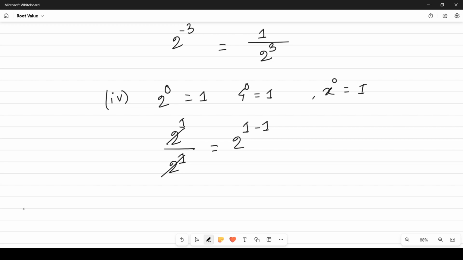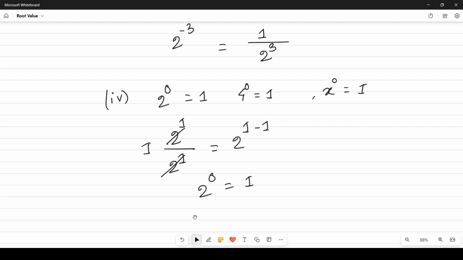We can cross this 2 off and we get the value 1. So 2 to the power 0 means 1, no value at all, because you have divided the same number by the same number.